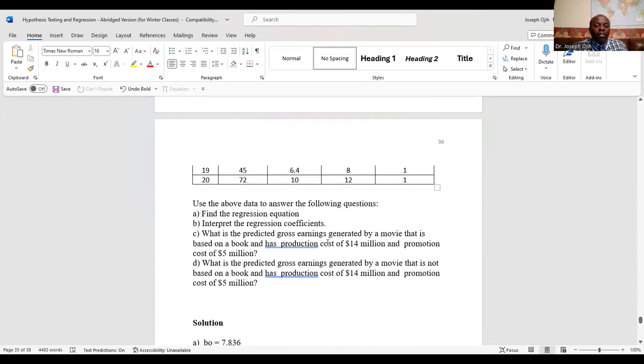So X1 is 14 and X2, the promotion cost, is 5. And it is based on a book, so X3 is 1, because if it's based on a book, we use 1 for that.